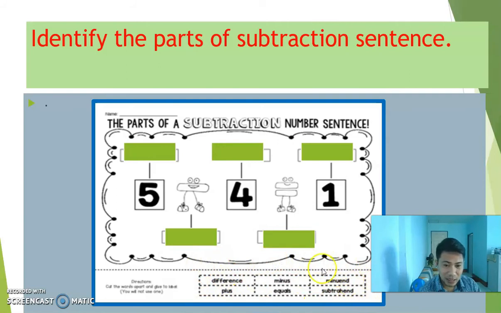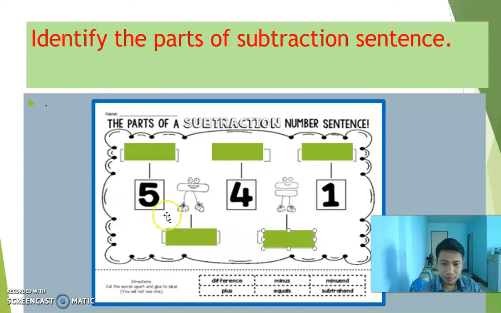All of these are the answer to these boxes here. But there are 6 options. The options here are difference, plus, the minus sign, equals, minuend, and subtrahend. Okay, but out of the 6 choices here, only 5 would be sure that these are the parts of your subtraction sentence.